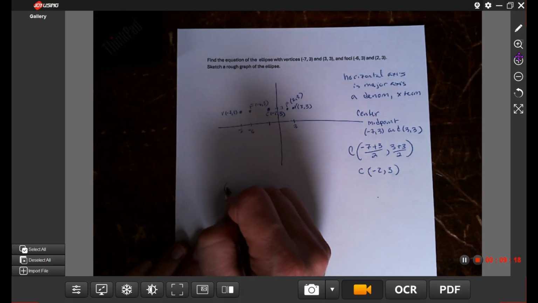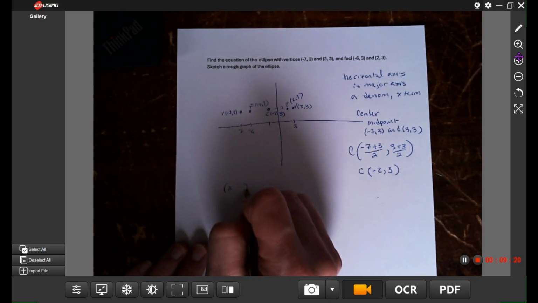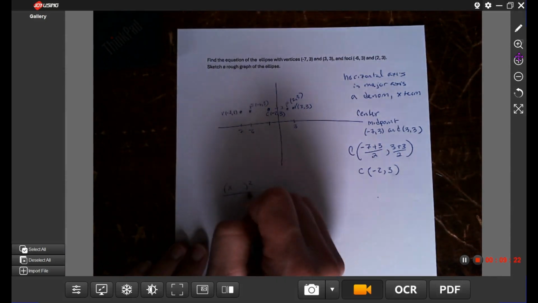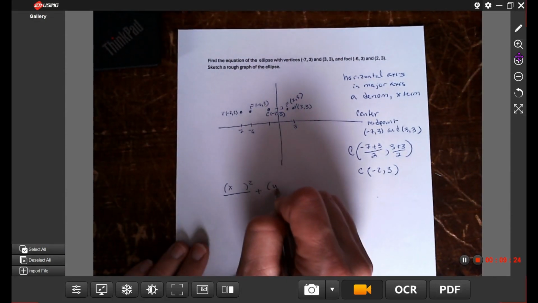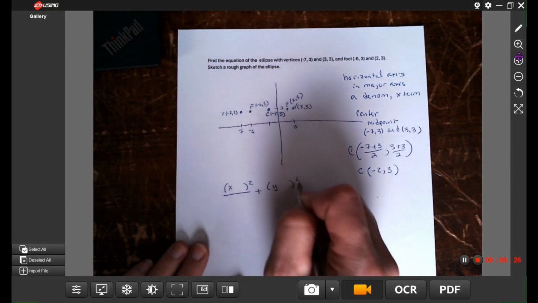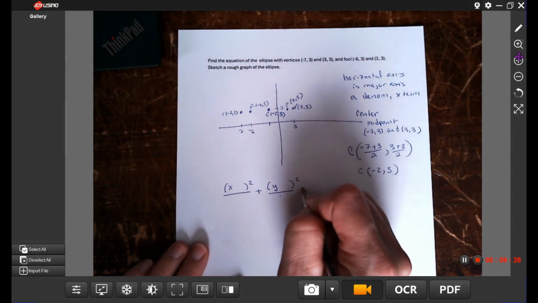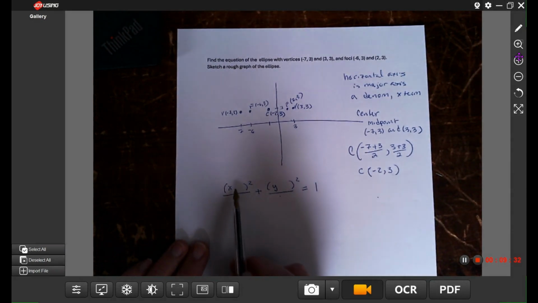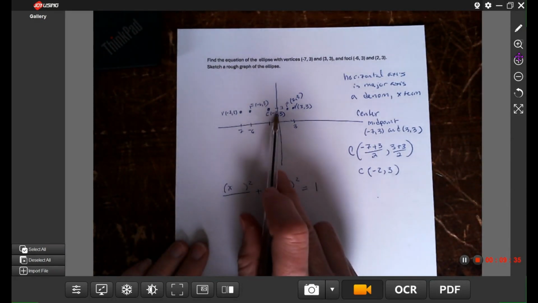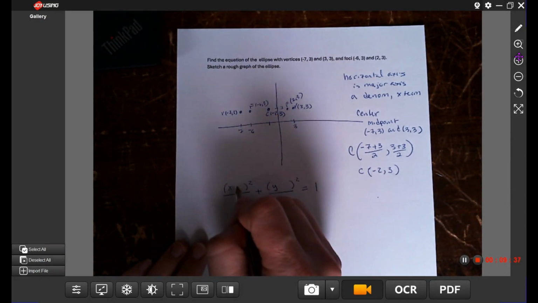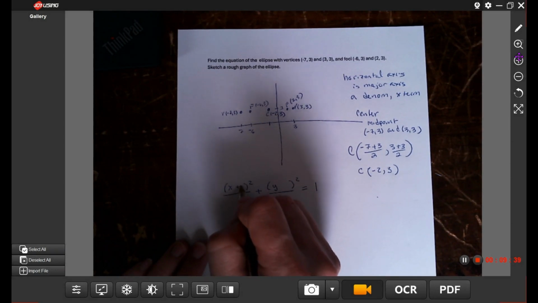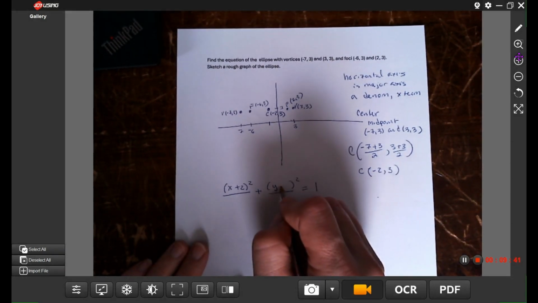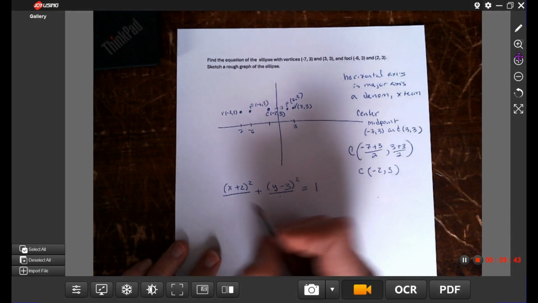So I have x minus h squared over a denominator plus y minus k squared over a denominator always equals 1. This is a plus, that's important. So let's see, I do know h, k because I have my center now. So it's x minus h, so minus -2, so plus 2, y minus k, so y minus 3.